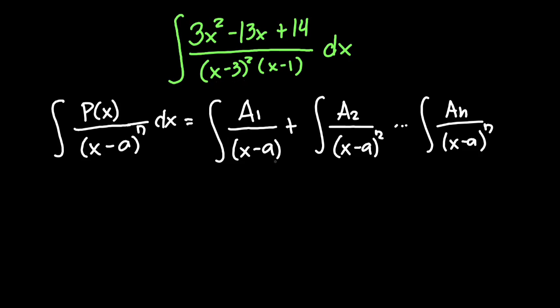And so, we can now rewrite this. First up, let us focus on the factor of x minus 1, because that seems simpler. So, this would be a over x minus 1.